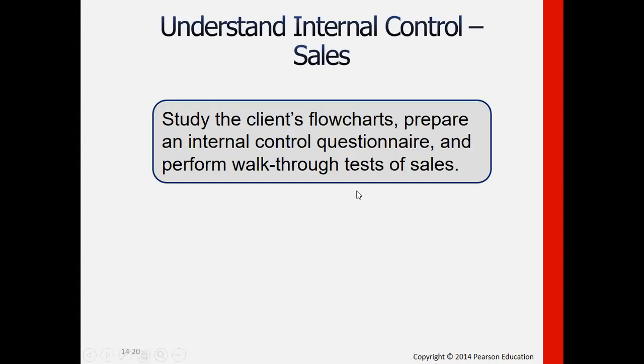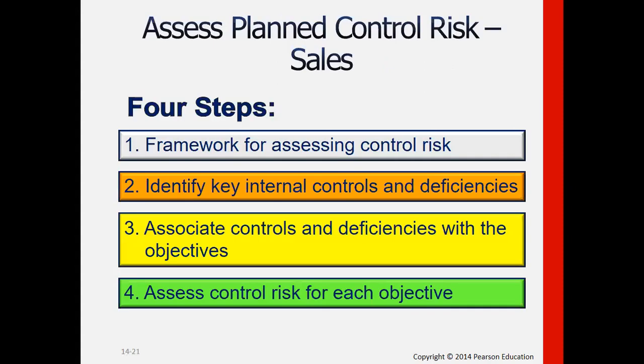Then we can study the client's flow charts, prepare an internal control questionnaire, and walk through tests of sales. This is to record our understanding of the internal controls present based on sales, of course, the sales and collection cycle of our customers. Then for the planned control risk, these are the four steps.